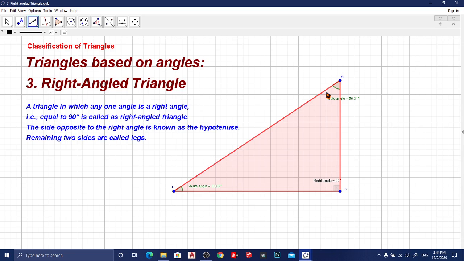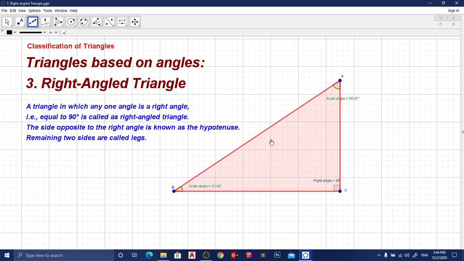Now the sides which are adjacent to this right angle are called the legs. These two sides are called the legs.